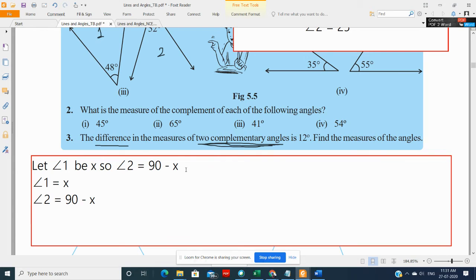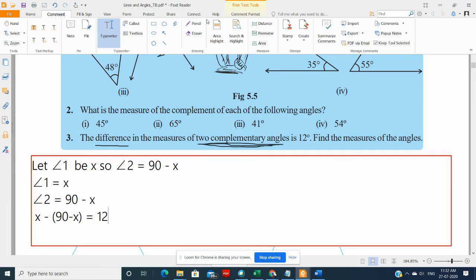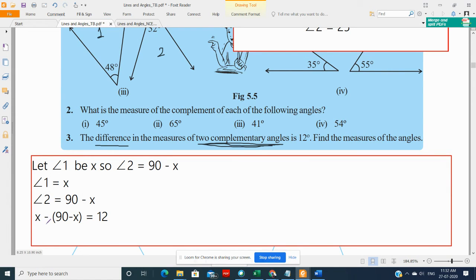They are saying that the difference of these angles is 12. So the difference means x minus, I would write in brackets because it's always good to write in brackets so that it becomes easy to solve, 90 minus x, and the difference is 12. This is how you read it: the difference between these two angles is 12.